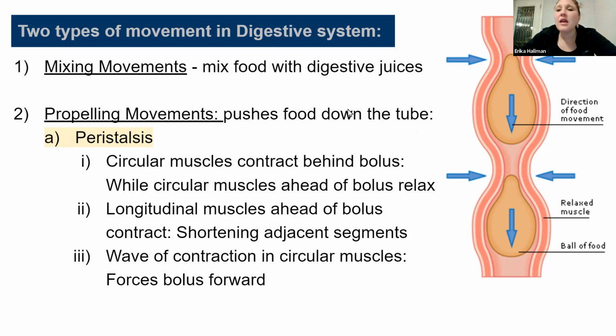And if you look at the image to the right, you can see that we have those 2 layers of muscle, the circular muscle and the longitudinal muscle. As the circular muscle contracts, it's going to make that tube narrower, which squishes that bolus down. And then as the longitudinal muscle contracts, it's going to shorten that segment of the esophagus or intestine, and that's going to move the bolus forward in the digestive tract.